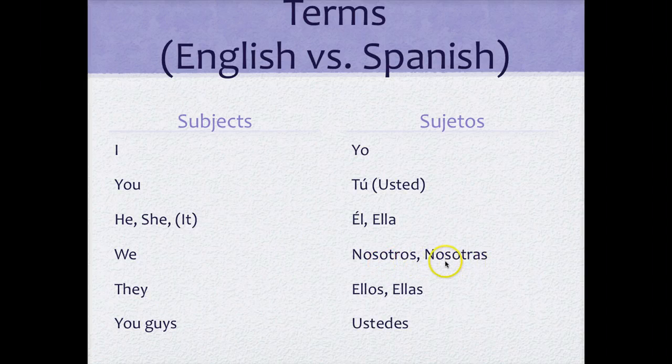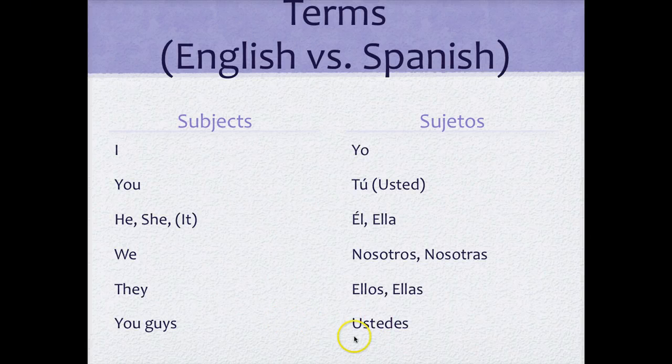Nosotras, which you'll notice ends in an A, is in reference to just women. We, but a group of just females. Then we have they, which again you'll notice has gender. Ellos, a group of all men or a mixed group of men and women. And then ellas, just a group of women.